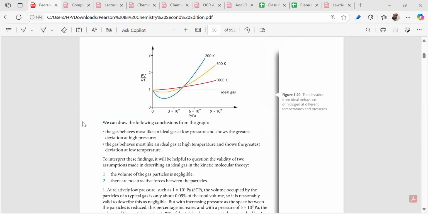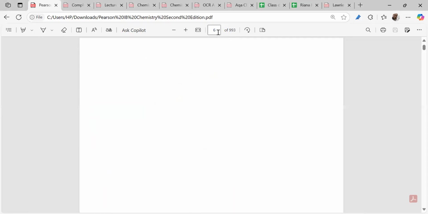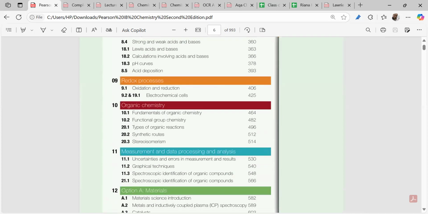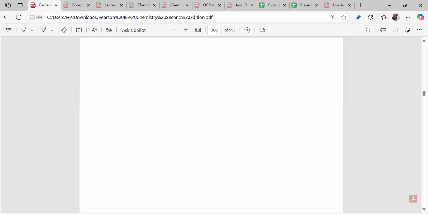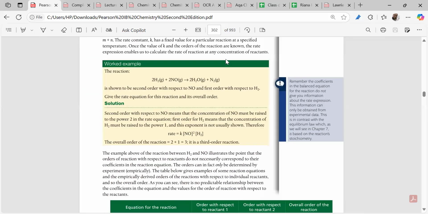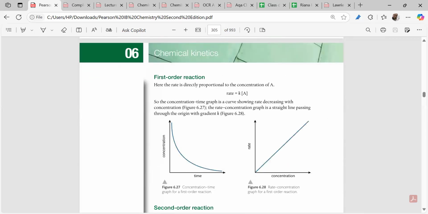Just cut it. Whatever the exam research, you have to go through them prior to exams. Before I forget, this is page number 38. Kinetics is page number 300, right? Can you help me? Just cut paste this graph.